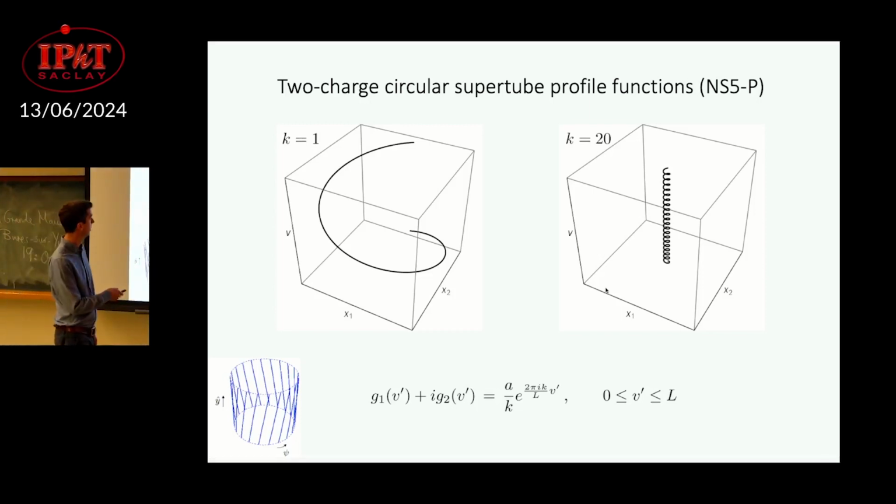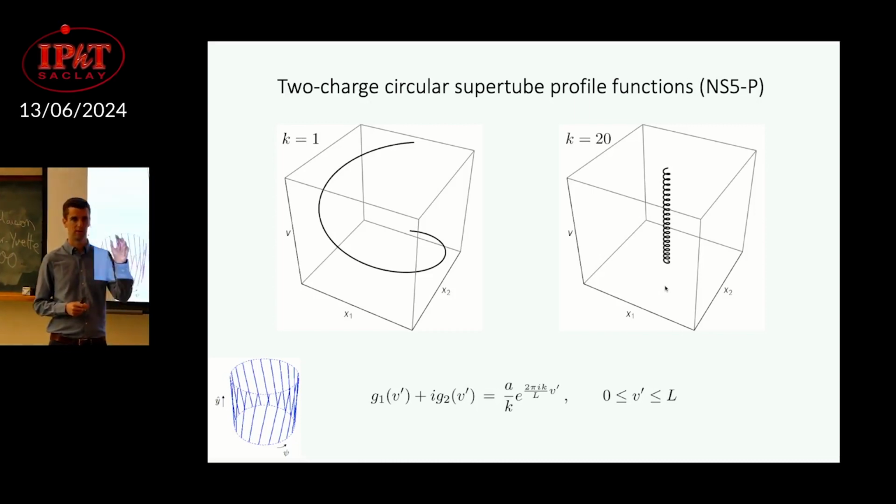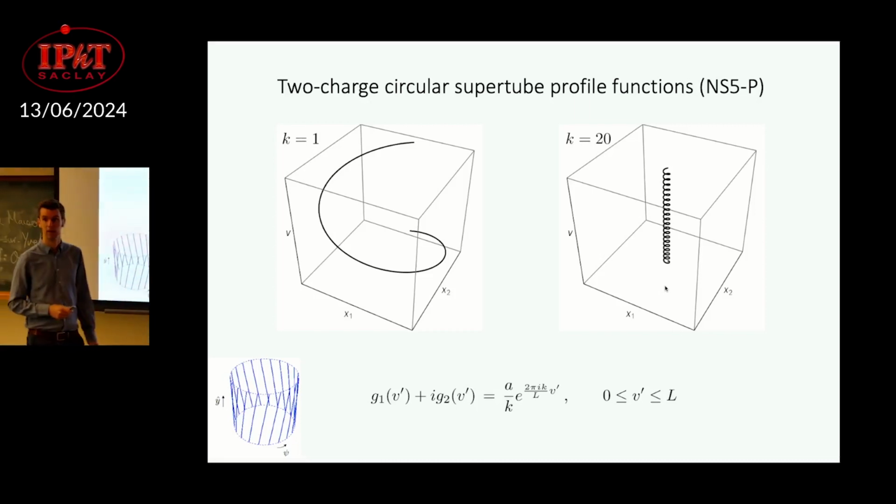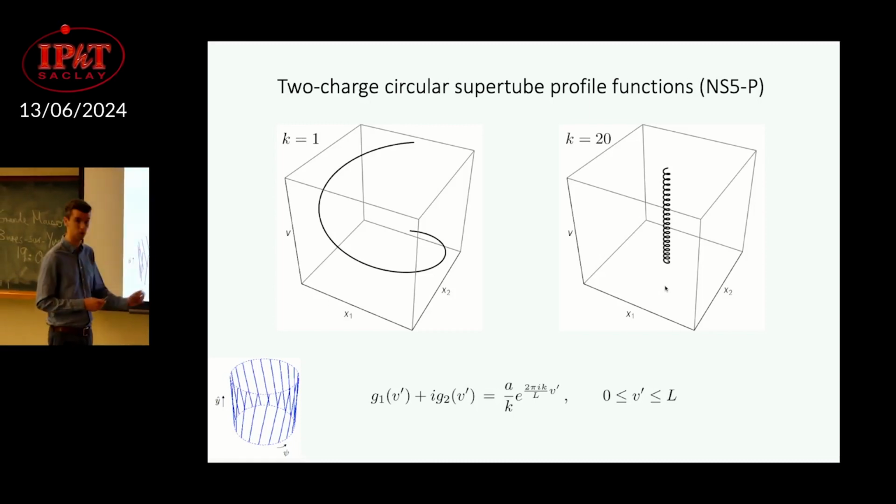And so I'm just picturing here the fact that when you have this parameter k bigger than 1, the whole configuration wants to become more compact. And when you choose the profile to wind around the same kind of circle many times, this results in a conical defect, an orbifold singularity in the core deep inside the AdS3.